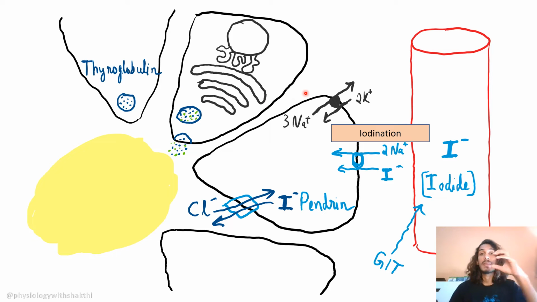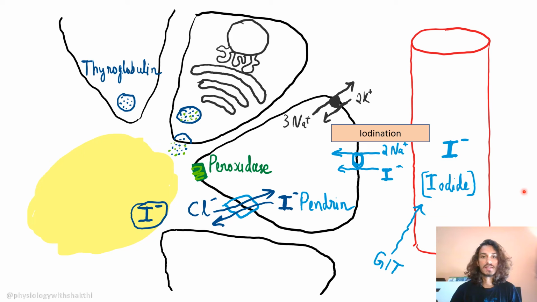Peroxidase is an integral membrane protein, so it's not completely released outside. Instead, it attaches to the membrane. Apically, when it is abutted into the membrane, this results in activity.